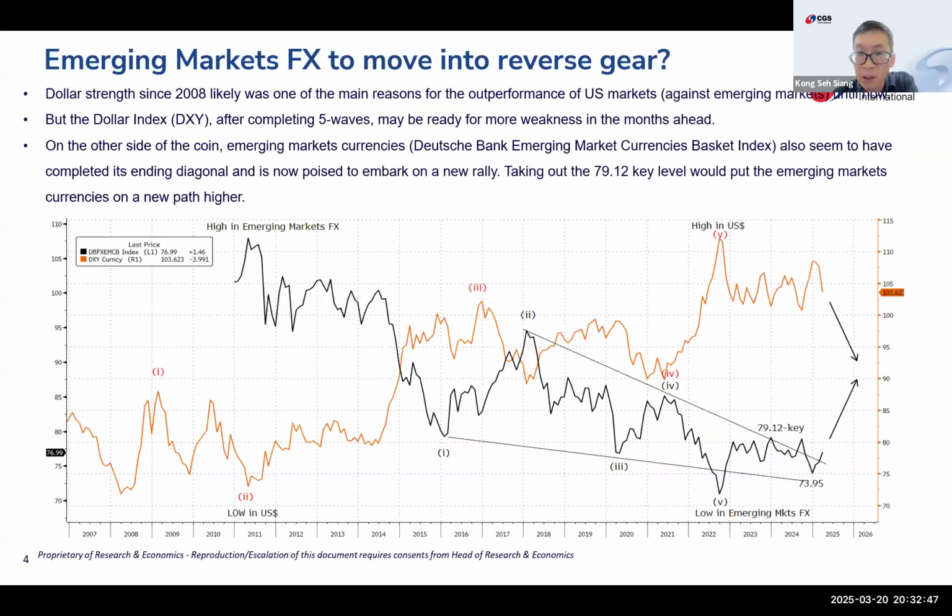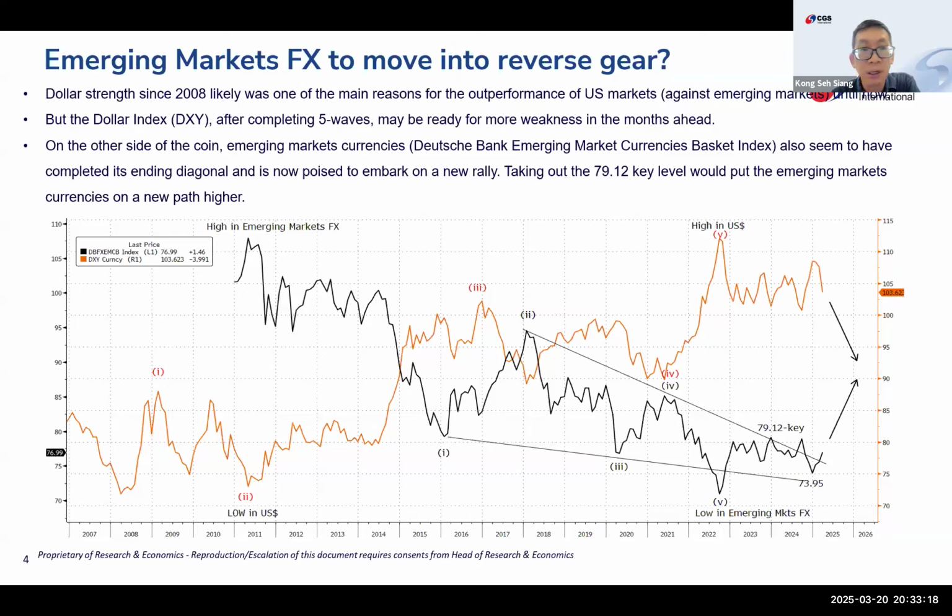Again, the black line is Deutsche Bank's emerging market currency basket, so it's a basket of currencies and not just one. Some currencies may still underperform the US dollar, but generally overall, we should see the strengthening of emerging markets FX in the coming months, going forward into 2025 and 2026 as well.